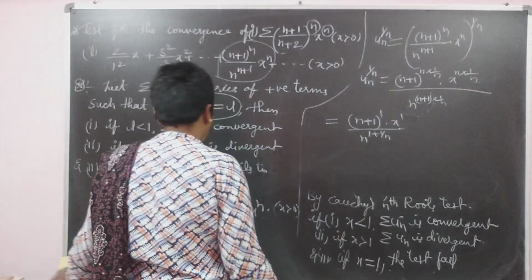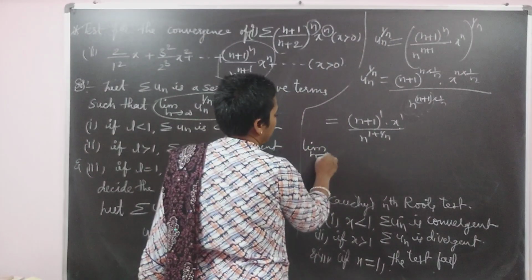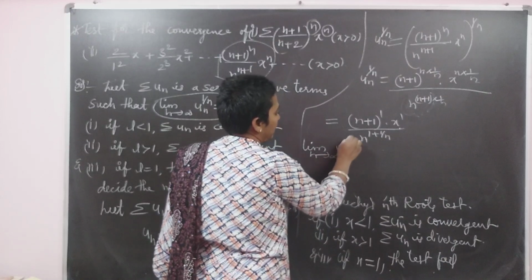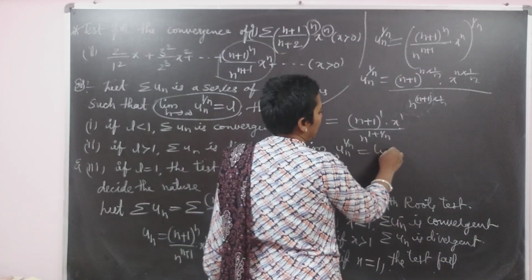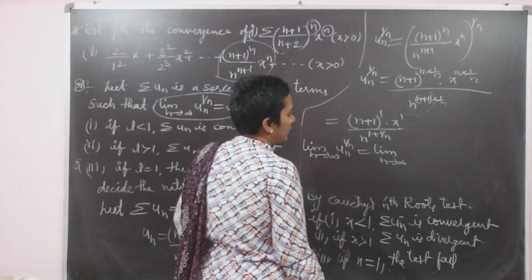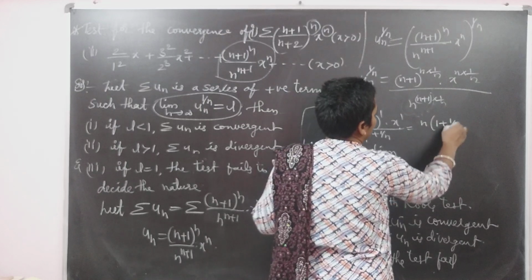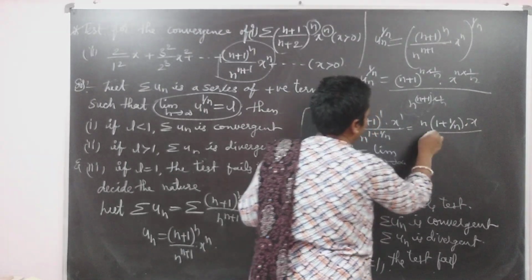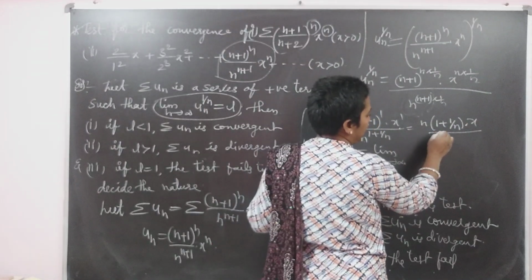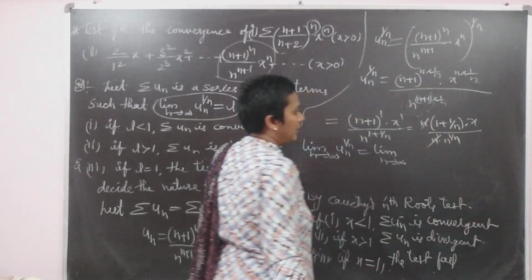Okay, here applying the limits, limit n tends to infinity un power 1 by n equal to limit n tends to infinity. Here it can be written as n common, 1 plus 1 by n into x. In the denominator it can be written as n power 1 into n power 1 by n. N gets cancelled.